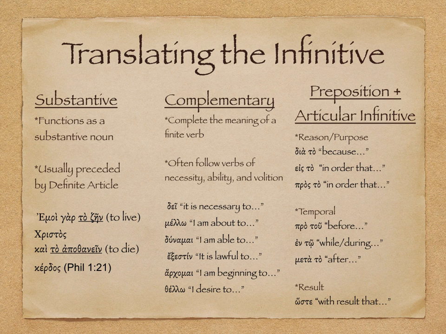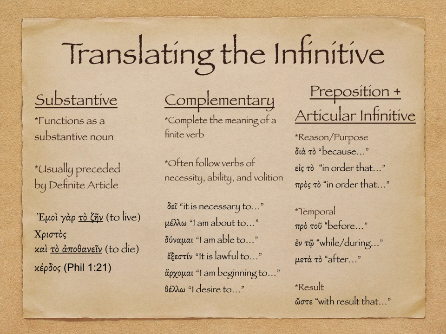Sometimes an infinitive will have a preposition and an article, and that will indicate a specific nuance, and these are significant for exegesis. Dia to communicates a cause for that action in the infinitive. Eis to and pros to both communicate purpose, in order that.